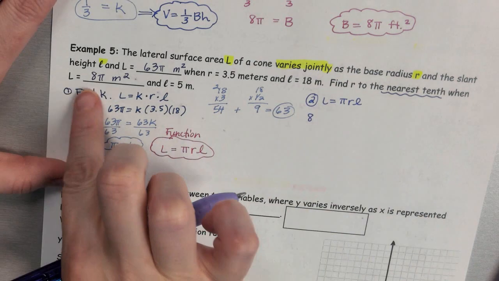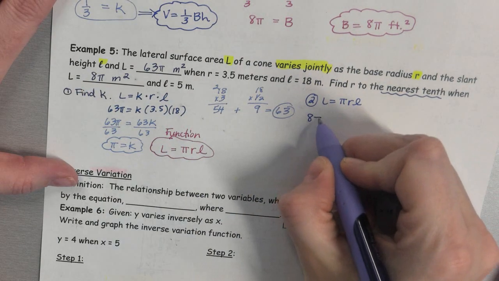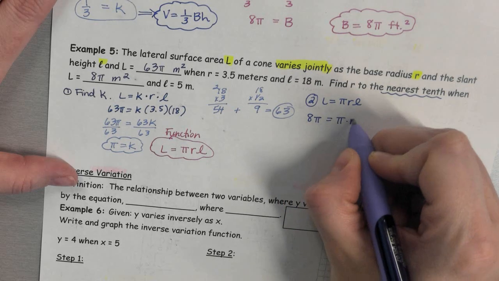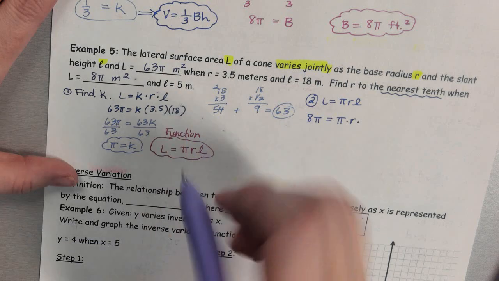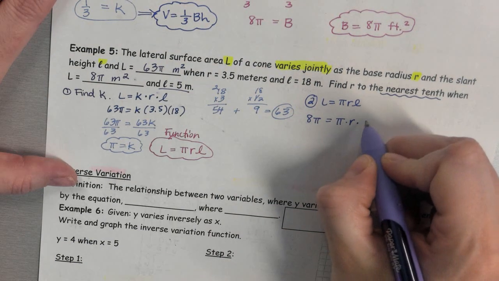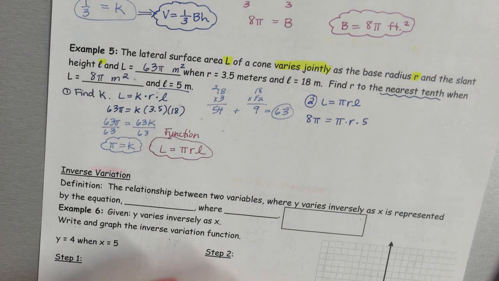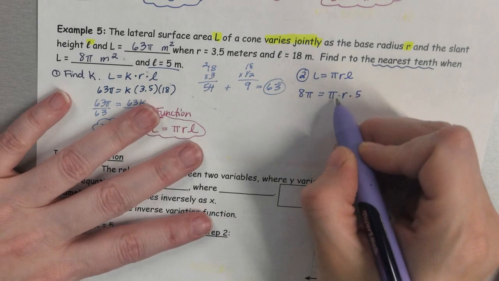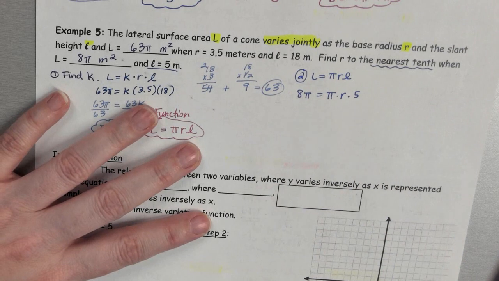The lateral surface area is 8 pi. And then pi, we're finding r, so we're not plugging anything in there. The slant height it says is 5. Okay, so again, if you want to multiply those together first and write them like that, that is fine.